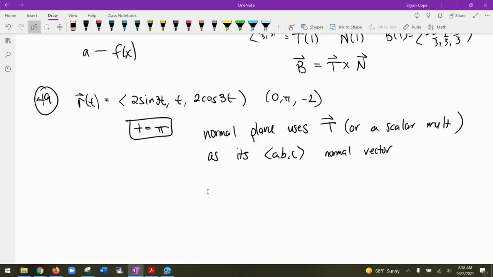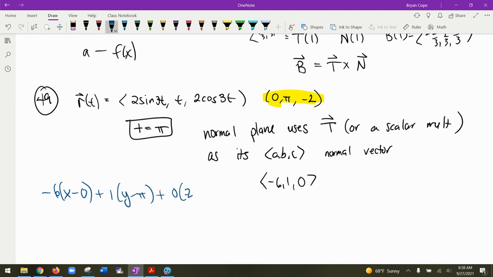Let's go ahead and use that. It's not a unit vector, but that's fine. Negative 6, 1, 0. And so when we use that in an equation of a plane with this point, it's going to be negative 6 times x minus 0 plus 1 times y minus pi plus 0 times z plus 2 equals 0. You can clean that up. Negative 6x plus y minus pi equals 0.